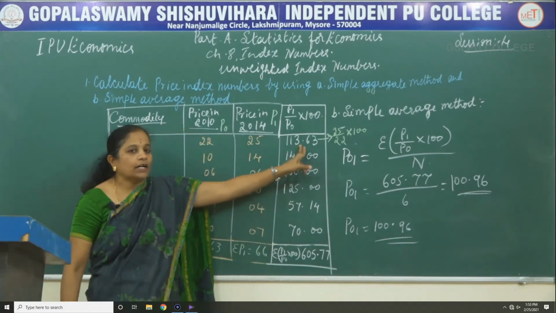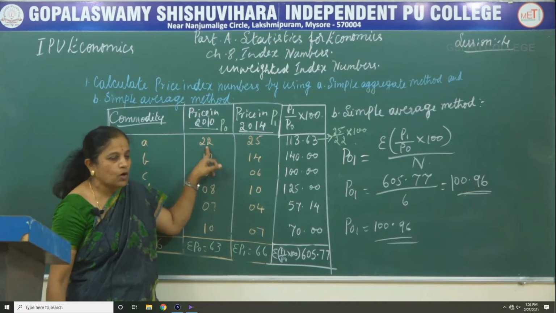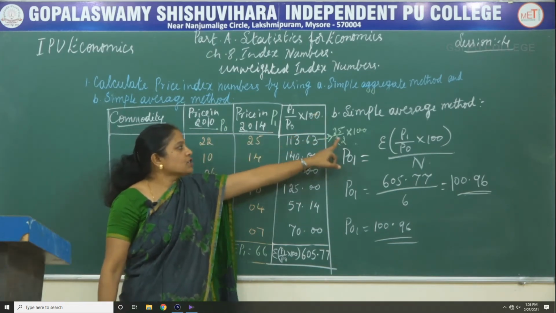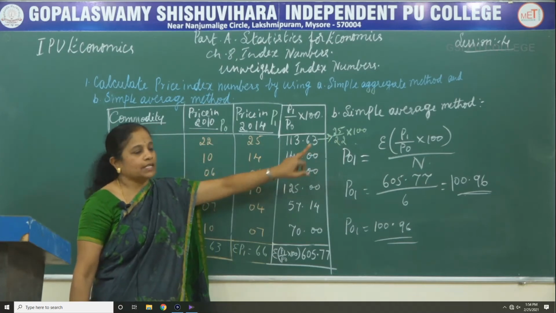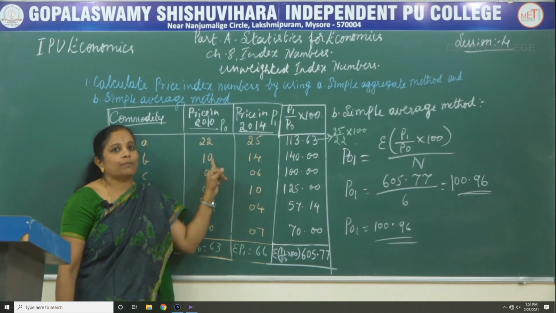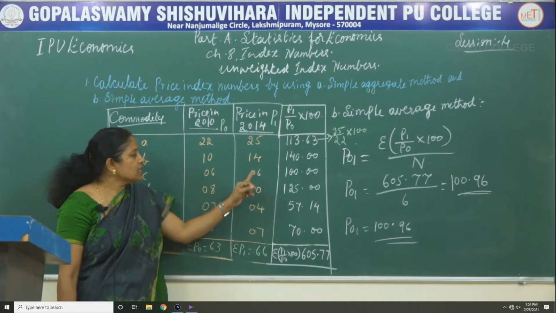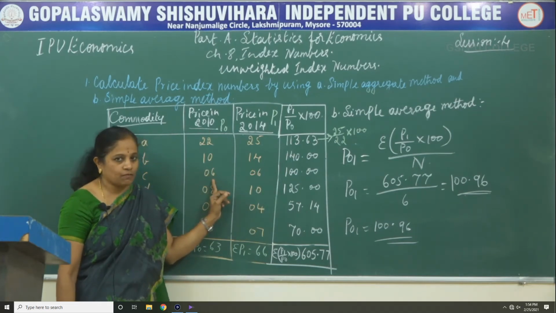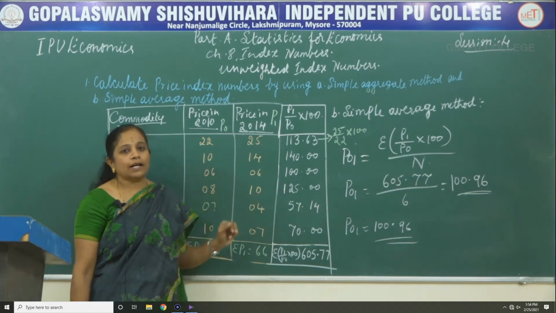So 113.63 is 25 divided by 22 multiplied by 100. So that is how we obtained the value 113.63. So like this, 14 divided by 10, then the product is multiplied by 100, we obtain 140. 6 divided by 6 is 1, multiplied by 100 is 100, and so we wrote 100 here.